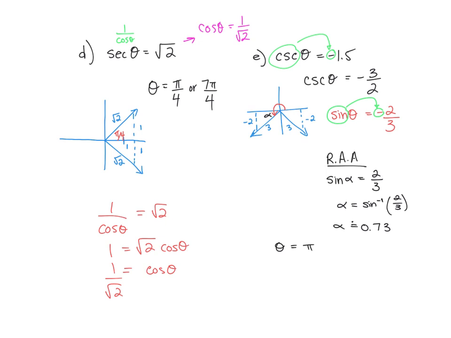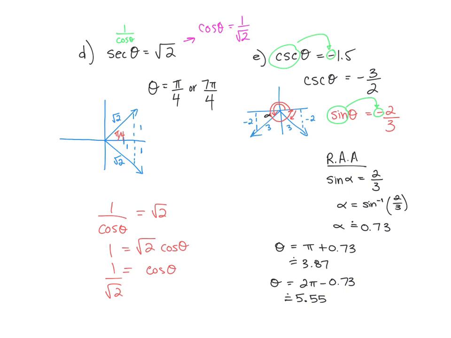So I would have pi plus my 0.73, or theta would give me a full rotation of 2 pi, and I would subtract that related acute angle. So 2 pi minus my 0.73 should give me my second angle of approximately 5.55 radians.